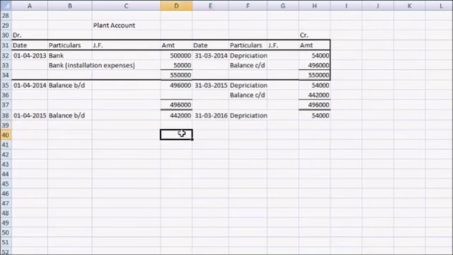This would be 4,42,000. This will remain same. So we'll have to balance the account again. The amount will be 3,88,000, and this would again be brought down for next year.